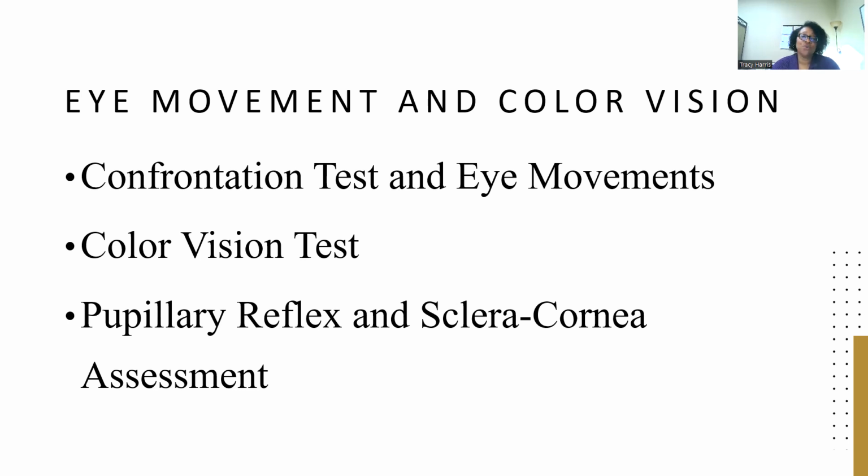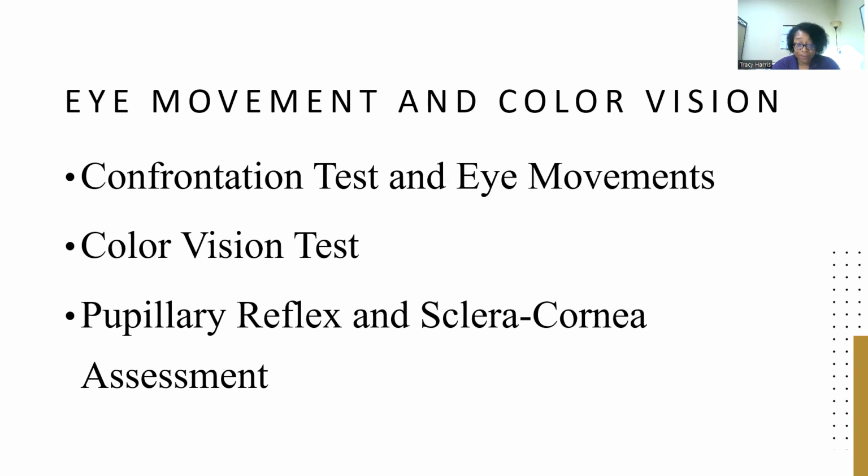Then we'll move on to the pupillary reflex. So, when we're doing pupillary reflex testing and we're assessing the sclera and cornea, with a pupil, we're looking for pupil size, light response. And then the sclera, we're looking at the color. A normal response to light and examining the sclera and cornea helps us understand if there are any potential issues with the eye.